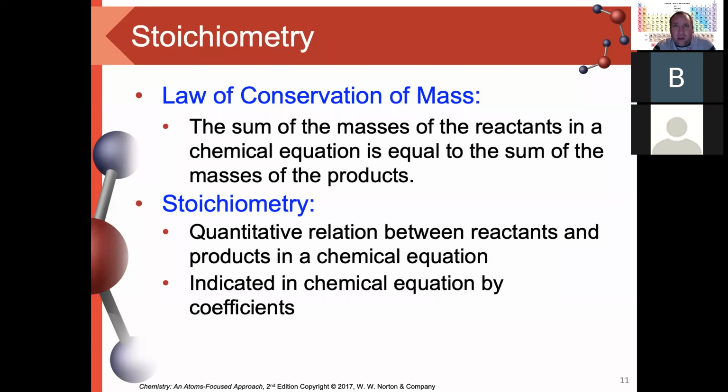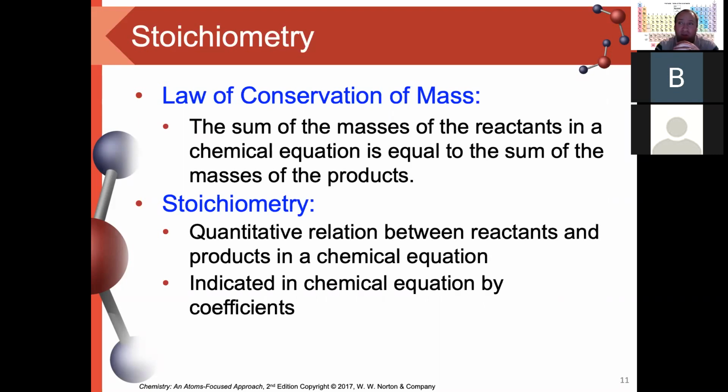All that stoichiometry is, is this quantitative relationship between those masses, using our understandings of moles and balanced chemical equations and grams and particles, and bringing together those two worlds.